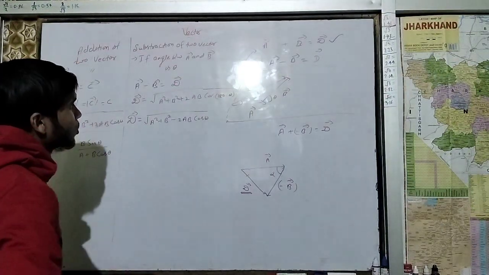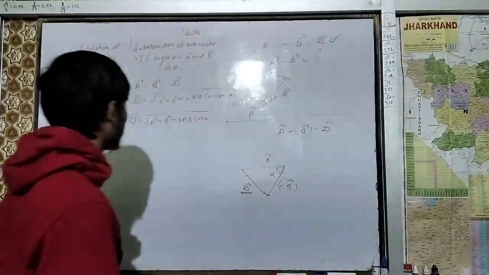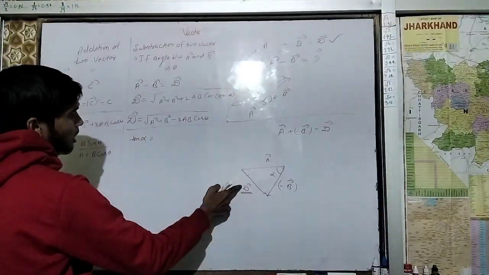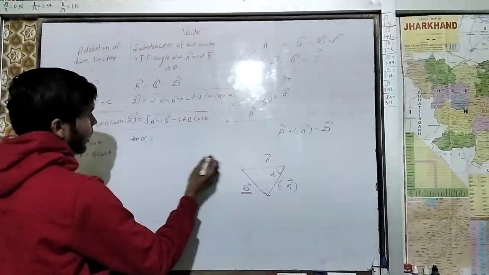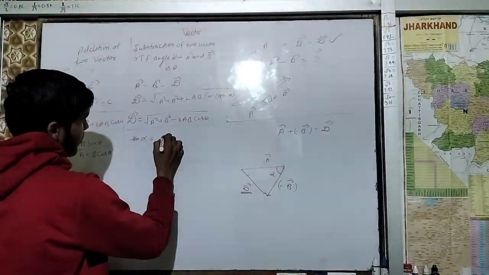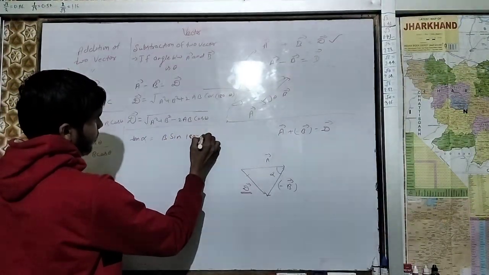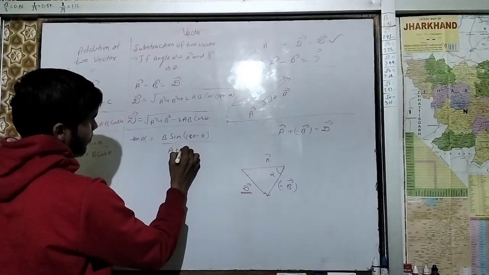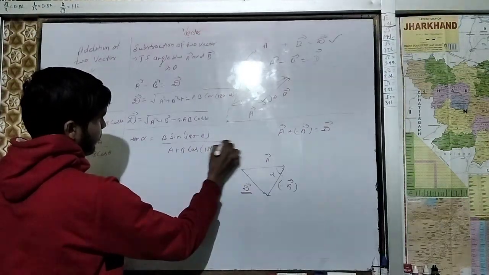This formula will be used when it comes to this negative vector. Then now what about the tan alpha? We are talking about this. Same here. Our theta will become 180 minus theta. So this is b sine (180 minus theta) upon a plus b cos (180 minus theta).